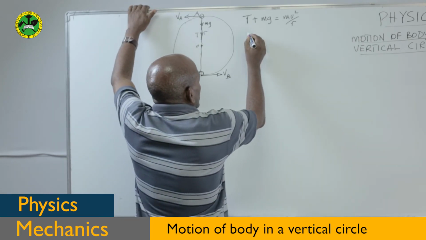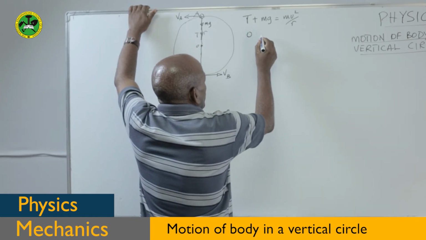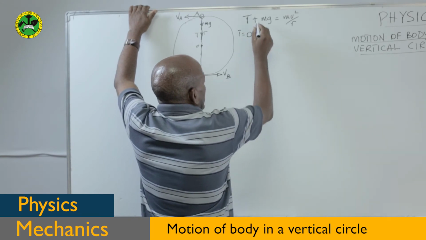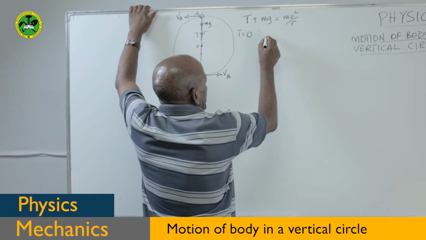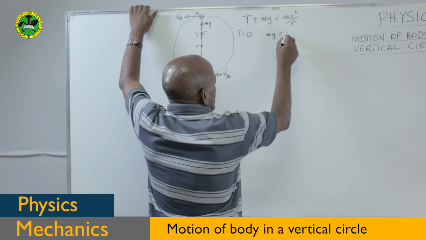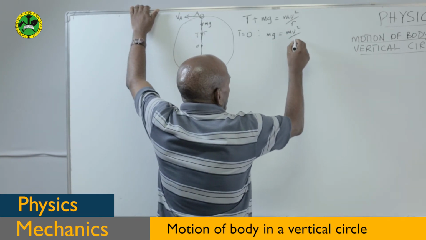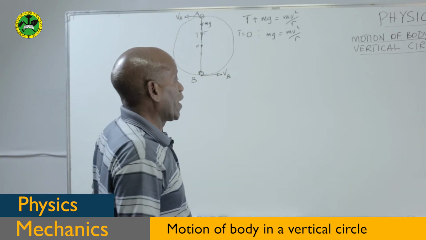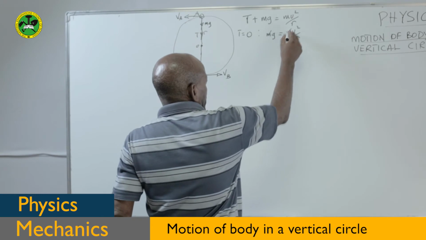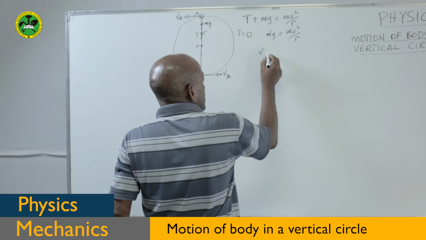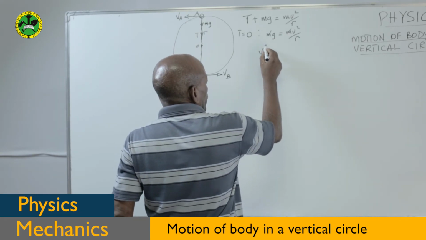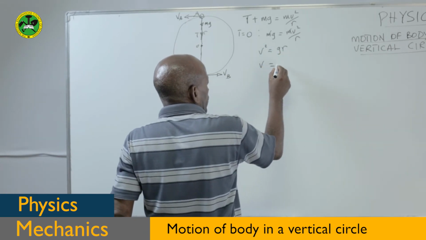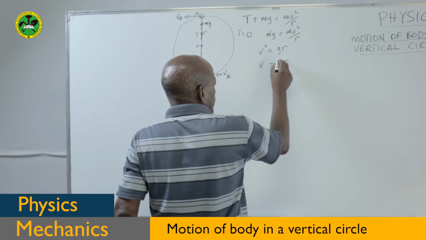So we put T equal to 0, and therefore we find that mg is equal to mv squared over r. If the mass is the same, then the minimum velocity v is equal to the square root of g times r.